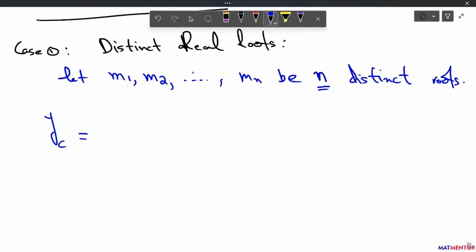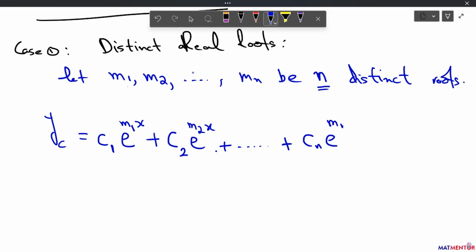The first constant is c1, and then I will take e and write the first root m1 with x, plus for root m2 I will take another constant, which is c2 e raised to power m2x, plus so on up to, for mn, cn e raised to power mn x. So this is the way to write the expression for yc when the roots are distinct and real.